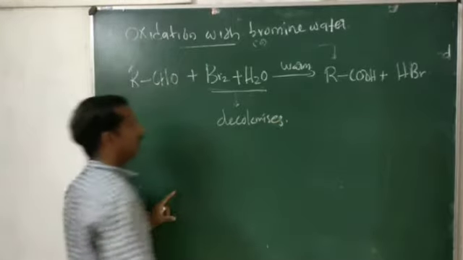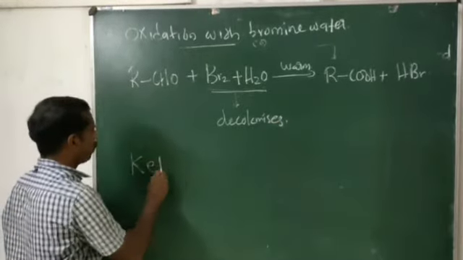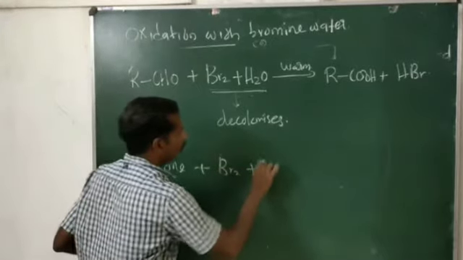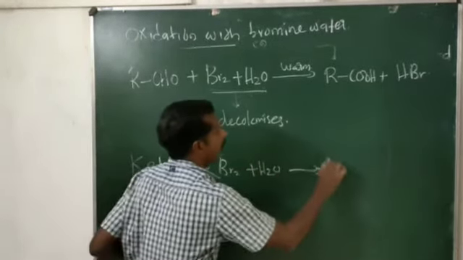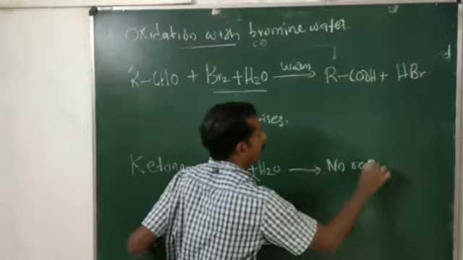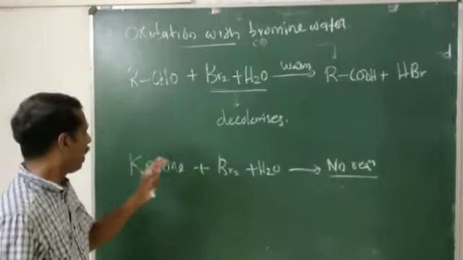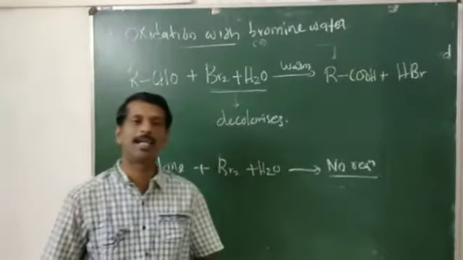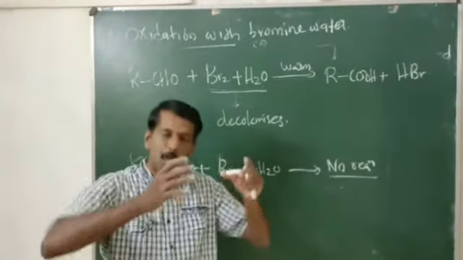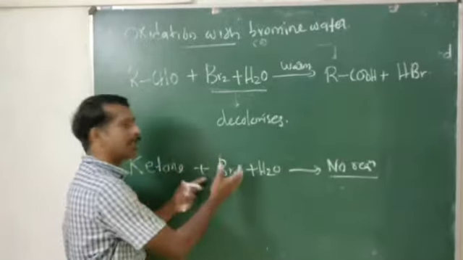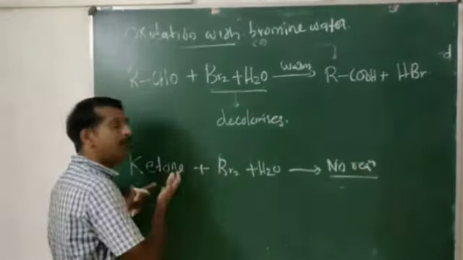And if you take a ketone with bromine water, Br2 plus H2O, no reaction. That means if you allow a ketone to react with bromine water, the pale pink color of the bromine water persists. It won't disappear because the oxidation-reduction is not taking place if we take a ketone.